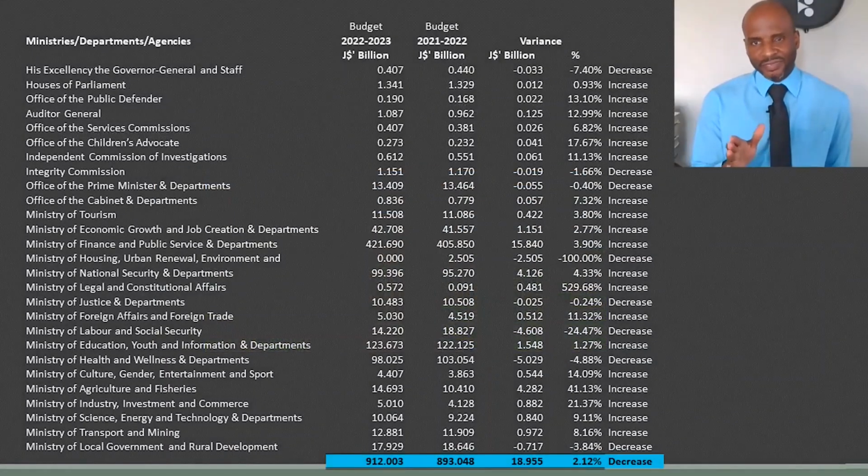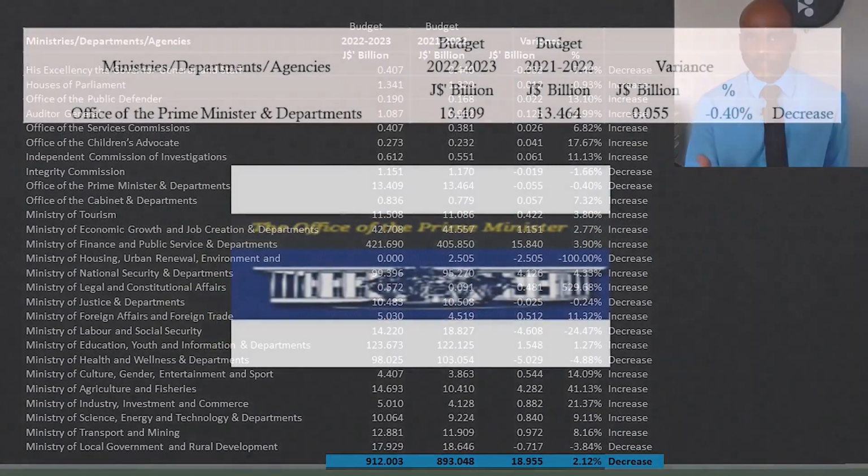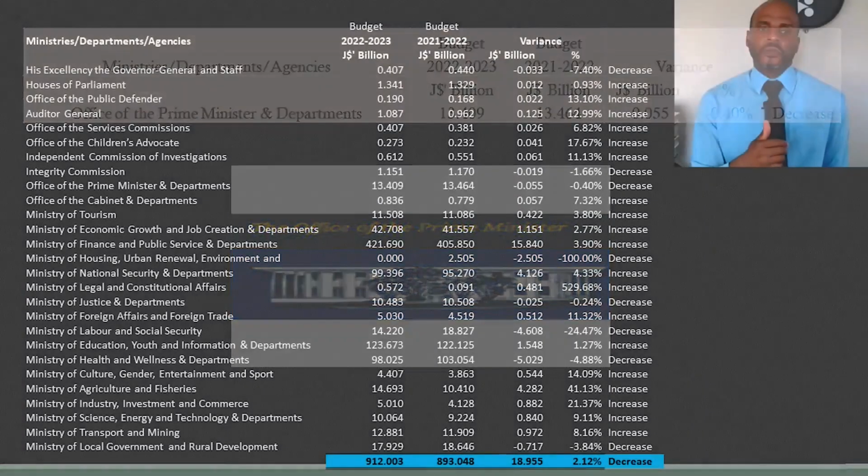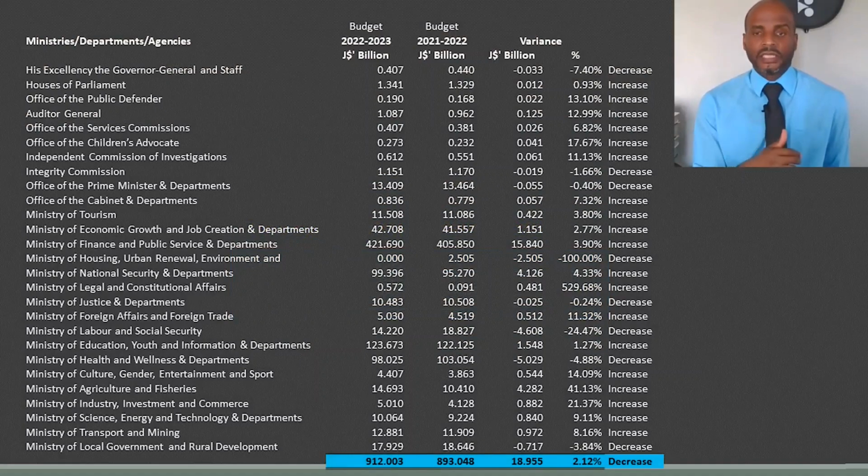It's relatively flat, a slight decrease: $13.409 billion compared to $13.464 billion. That in effect is $0.055 billion less than what was allocated to him and his office and departments for the 21-22 year.